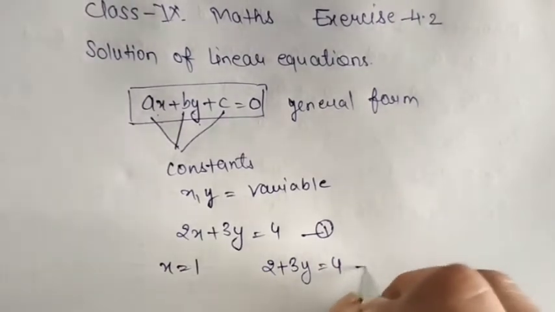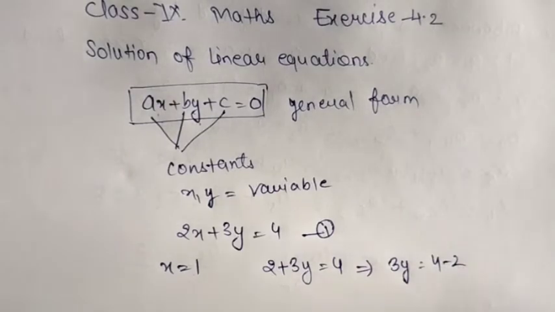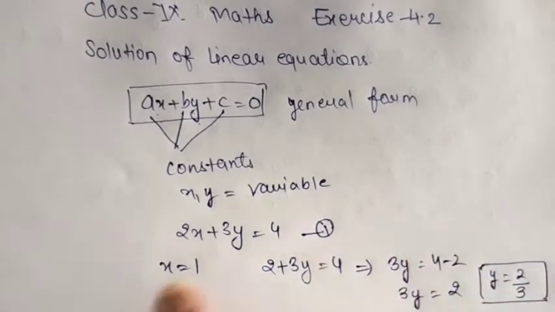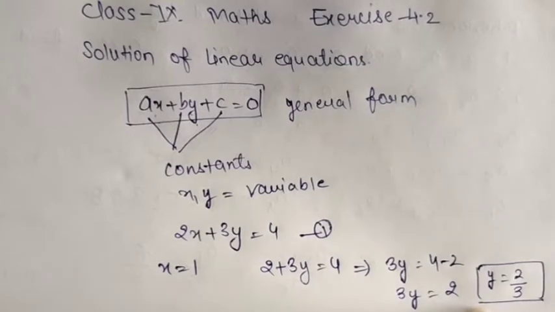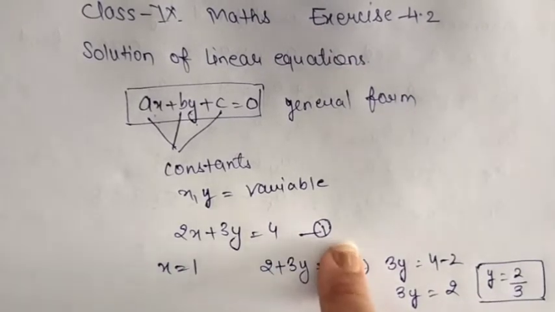Further we get 3y equals to 4 minus 2, right? Further we get 3y equals to 2, and the solution of this equation y will be 2 by 3. So when we put the value of x equals to 1, we will get y equals to 2 by 3. So these all are the solution of this particular equation.